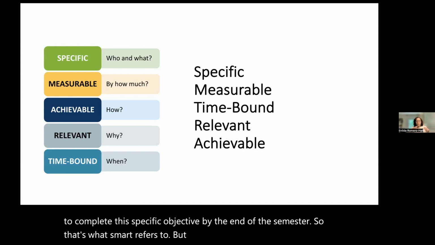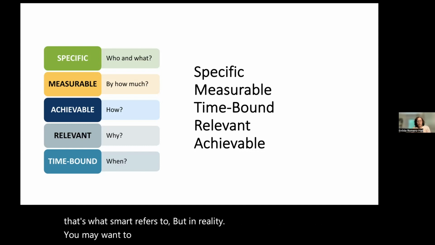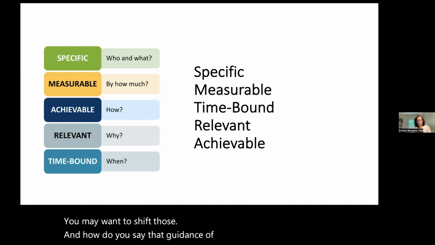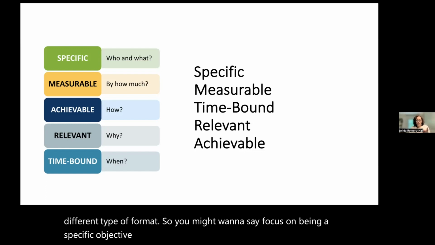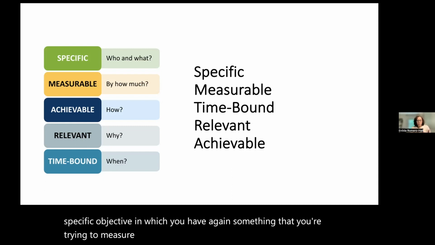But in reality, you may want to shift that guidance of SMART into a different format. So you might want to focus on being specific, in which you have something that you're trying to measure, making it measurable. How exactly are they going to achieve this?